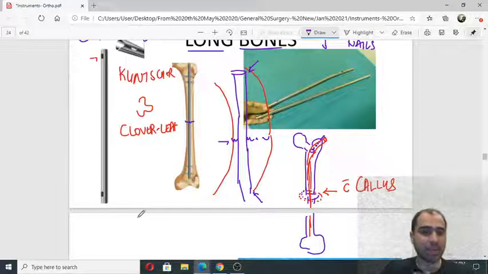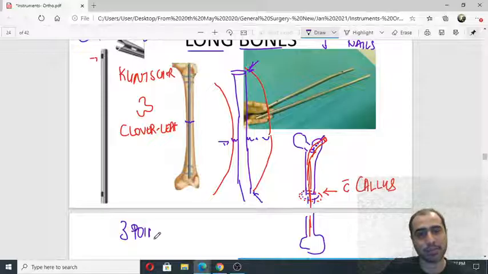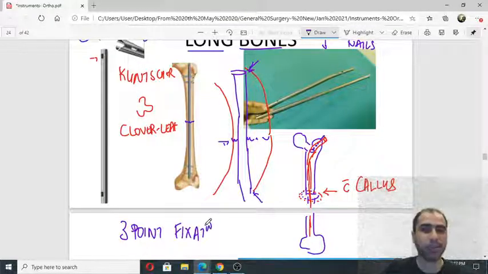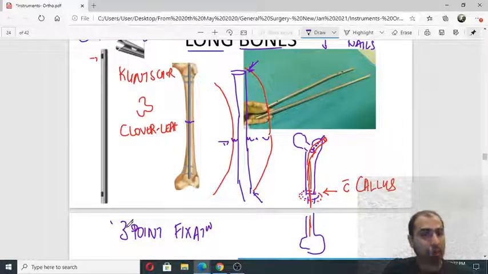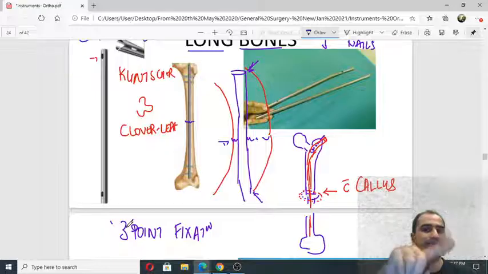Mind you, this nail does not bend. It will be in contact with the femur here, over here, and over here. What is that called? 3-point contact. Excellent, it's called 3-point fixation. These are the older generation nails, like the K nail for the femur.